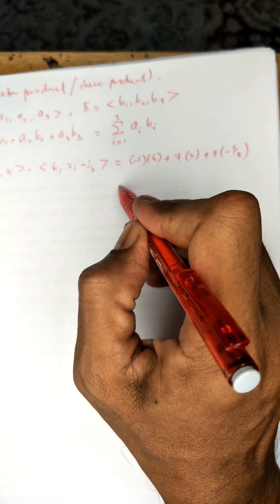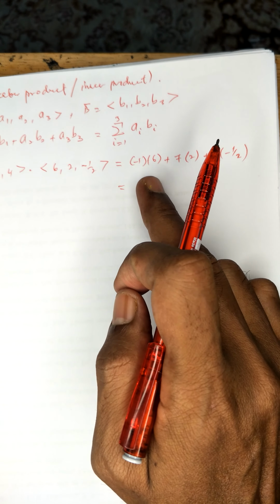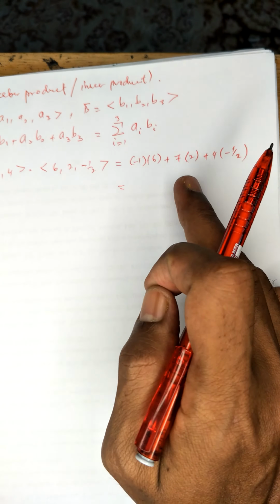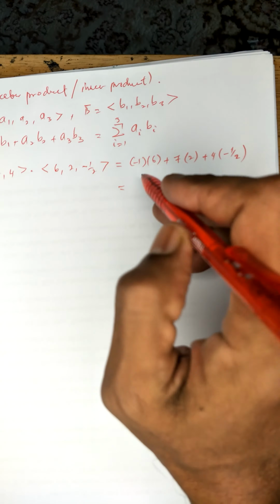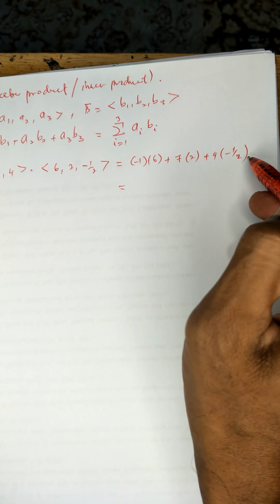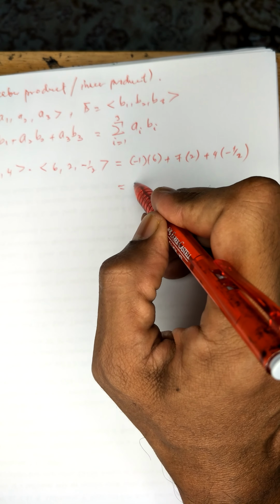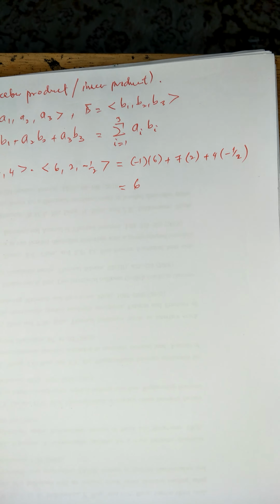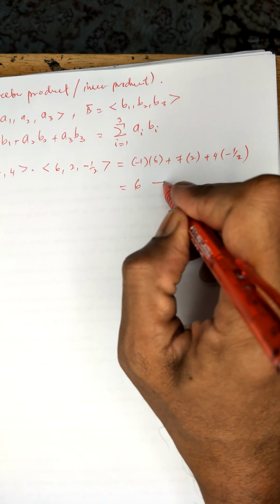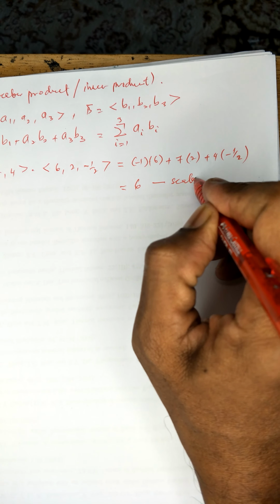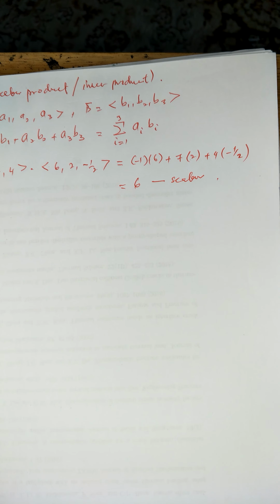That gives you -6 plus 14 minus 2, so you have 6. So this is a scalar. Scalar means it's not a vector.